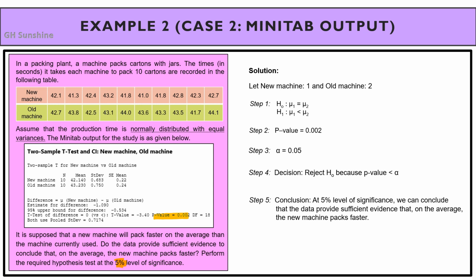At 5% level of significance, we can conclude that the data provides sufficient evidence that on the average the new machine packs faster. So this is how you conclude based on Minitab output. Always remember that reject H0 if p-value less than alpha.